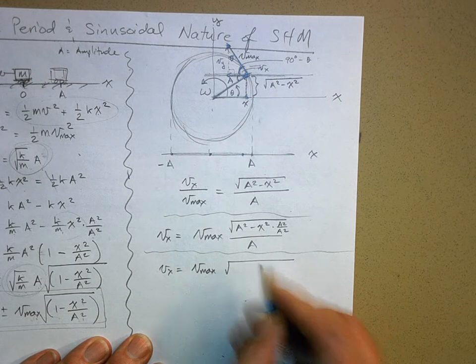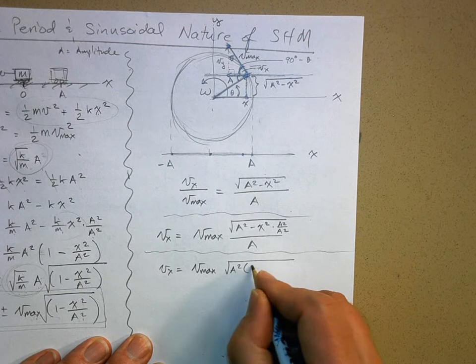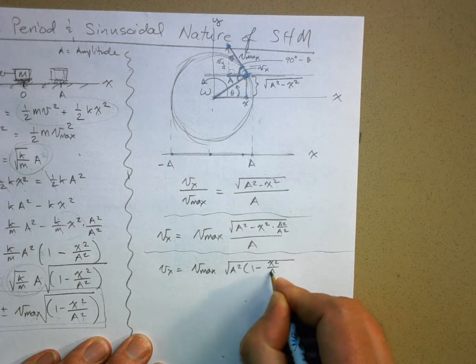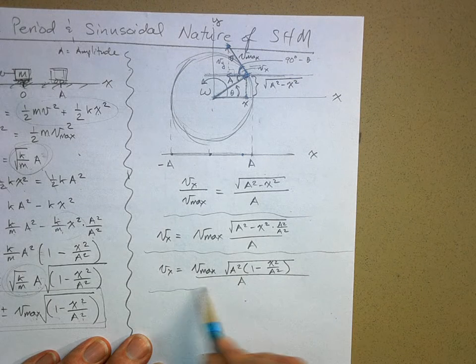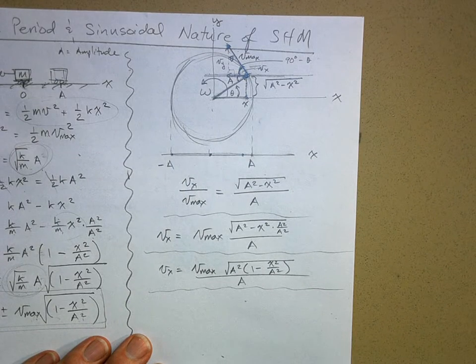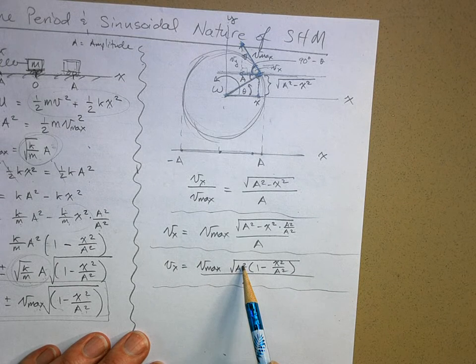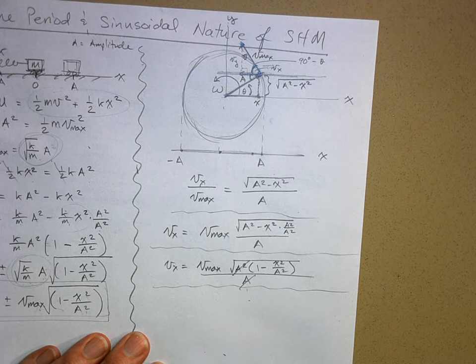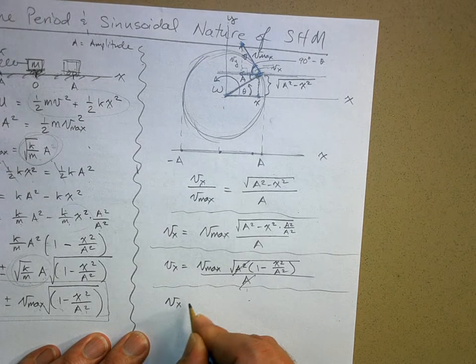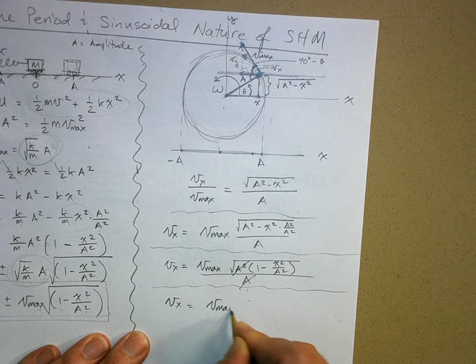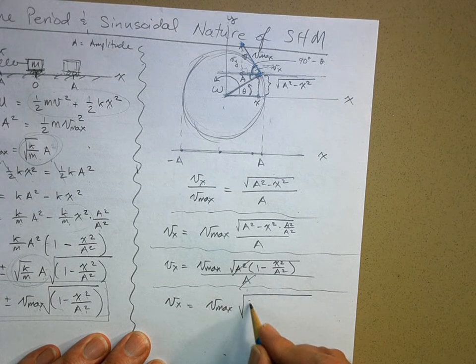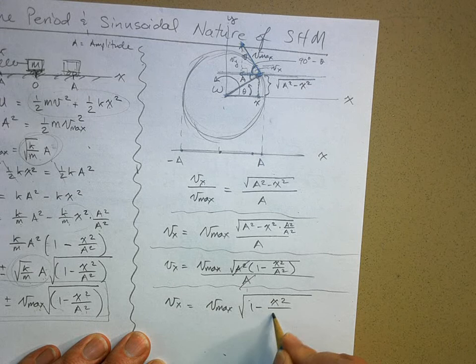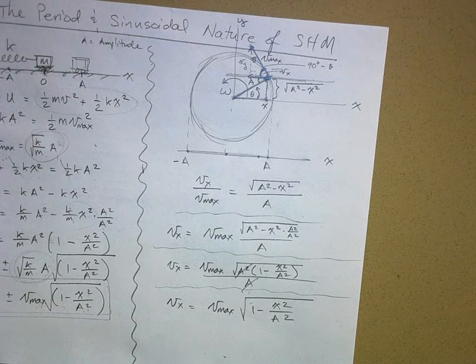This is a square root of a squared times 1 minus x squared over a squared, and this is all over a. Well, what is the square root of a squared? It's a. So this cancels this, and I'm left with Vx equals Vmax times the square root of 1 minus x squared over a squared.